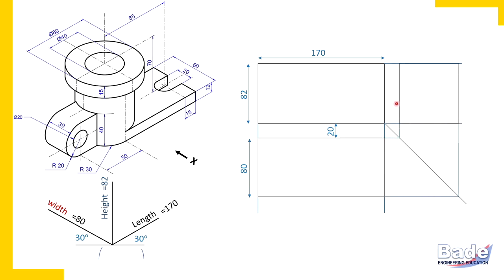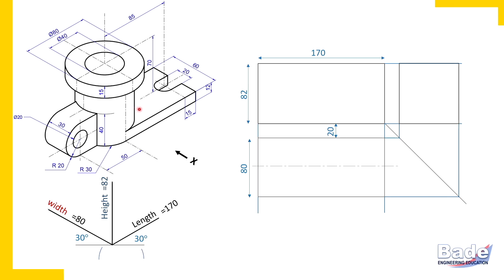So in the side view, height 82 millimeters vertically and width 80 millimeters horizontally. So this is how necessary rectangular boxes for orthographic views we have completed.